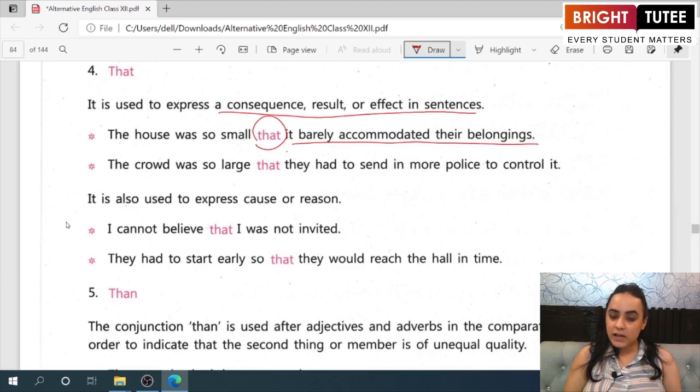What was the result of the house being so small? That it did not accommodate the belongings. The crowd was so large that they had to send in more police to control it. So the crowd was so huge, the result was that they had to send the police to control it.